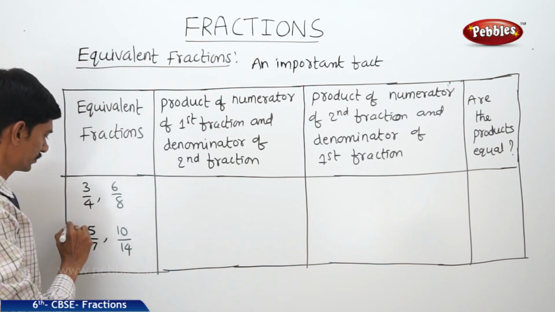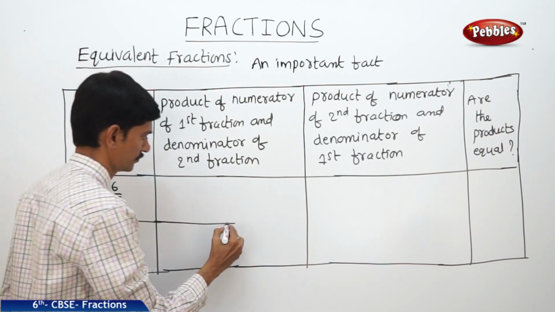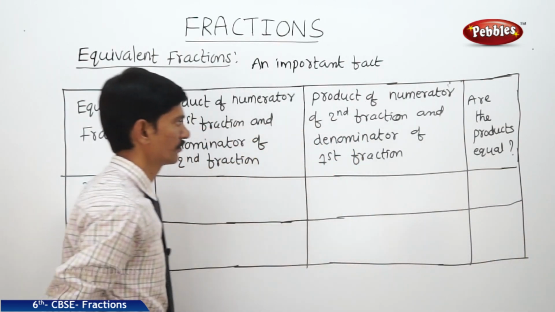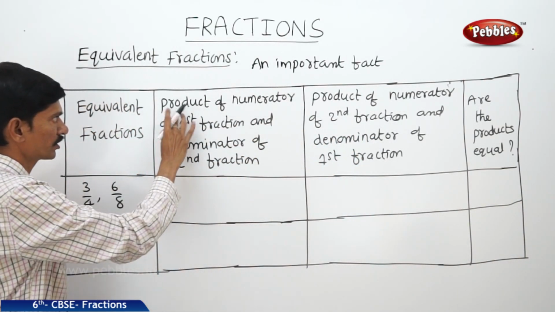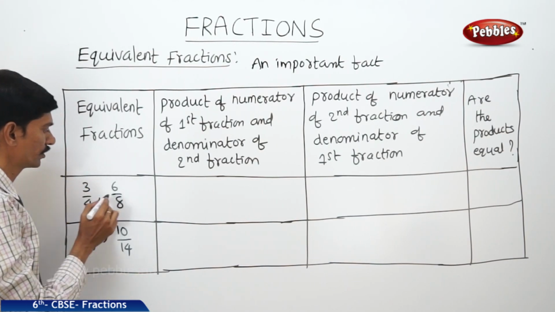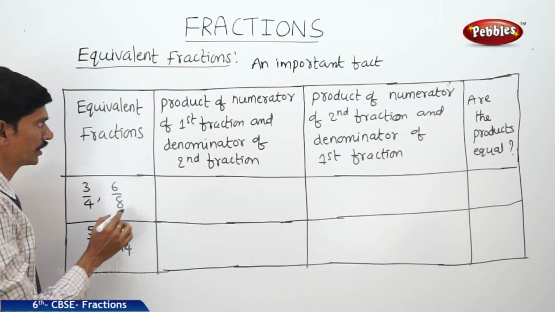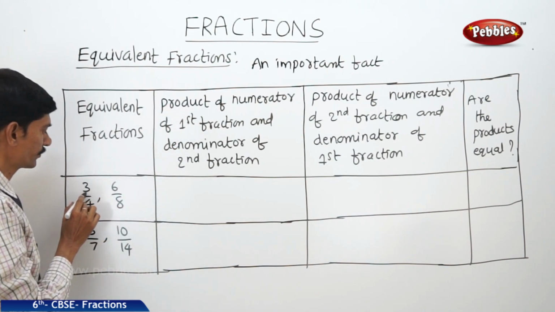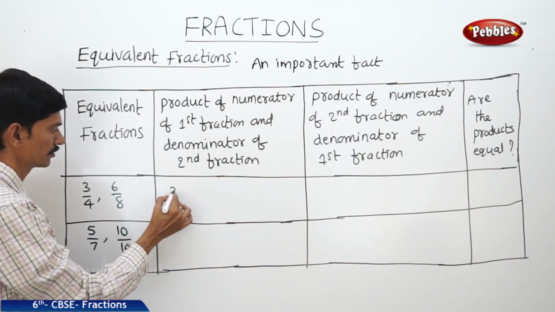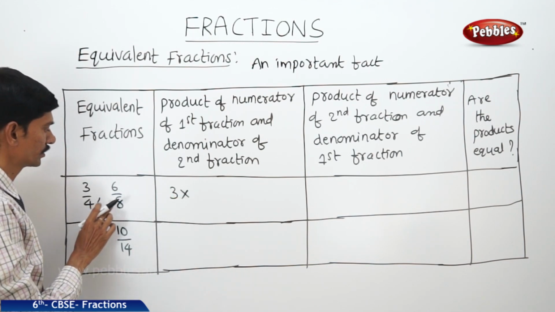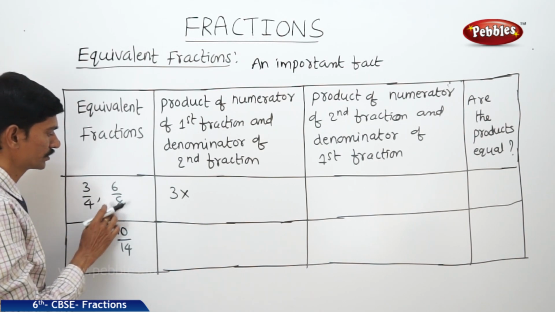Now in the first case, the product of the numerator of the first fraction. So the first fraction is 3 by 4 and the second fraction is 6 by 8. So we will take the product of the numerator of the first fraction, 3, into the denominator of the second fraction, which is 8.